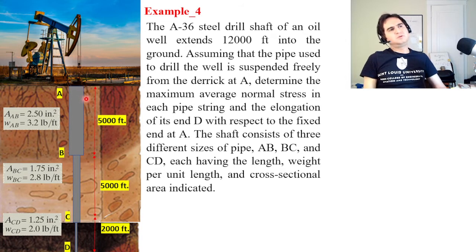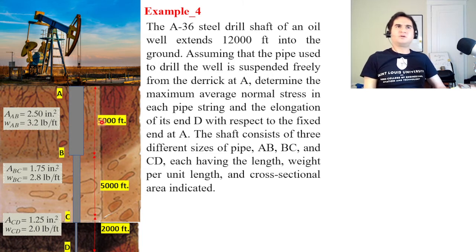well below the ground, to depths of 12,000 feet, passing through three layers of soil using three different shafts with the same material, A36 steel, but different cross-sectional area, different unit weight, and also different length.